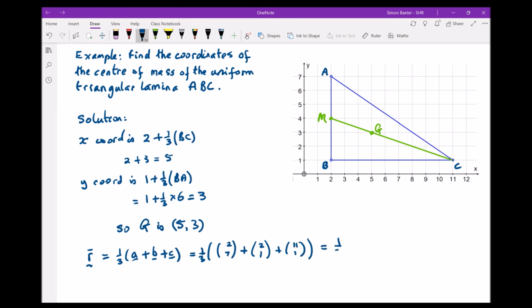That is 1/3 of (2 plus 2 is 4, plus 11 is 15), and (7 plus 1 is 8, plus 1 is 9). If I do a third of that, I get (5, 3), which fortunately is the same point.